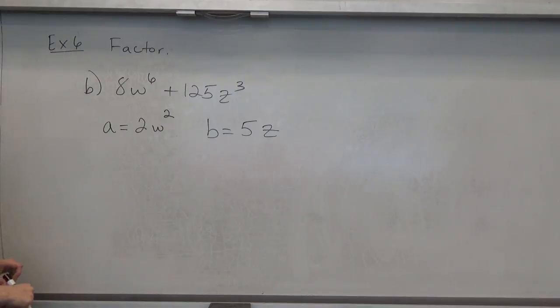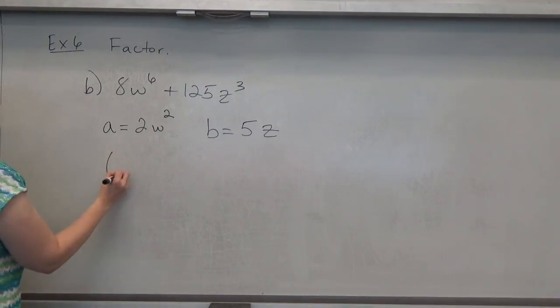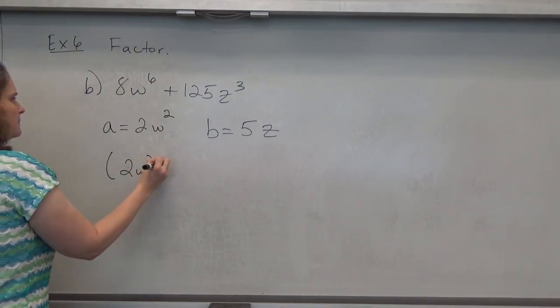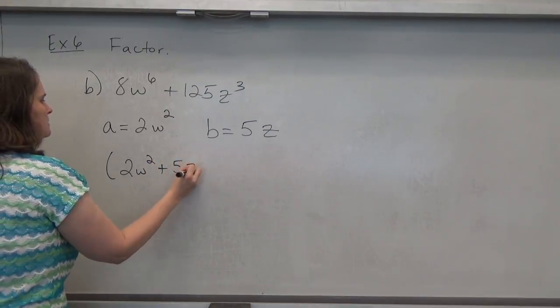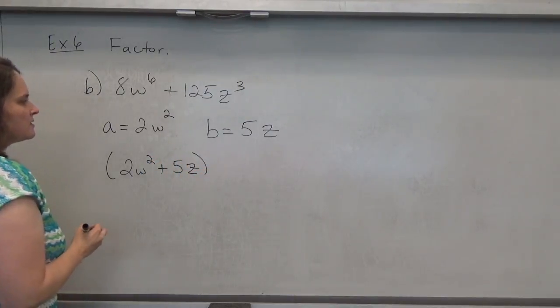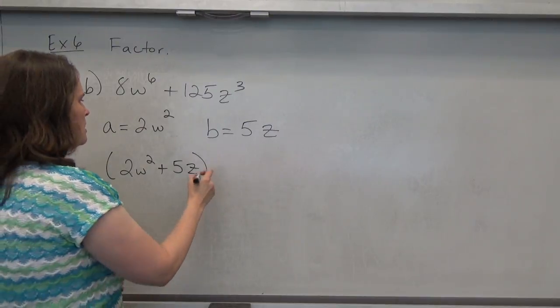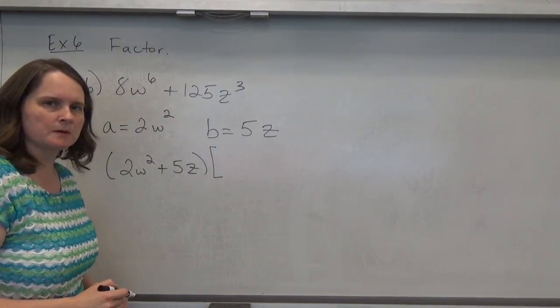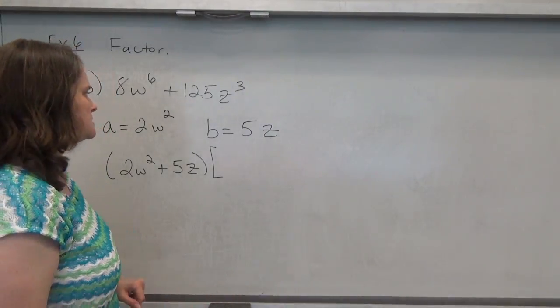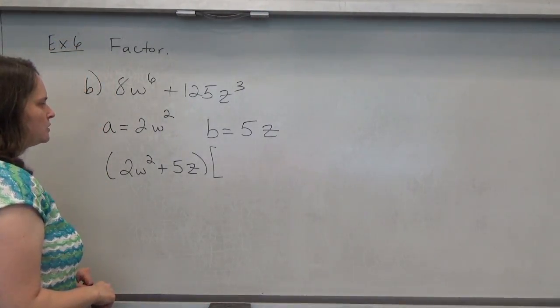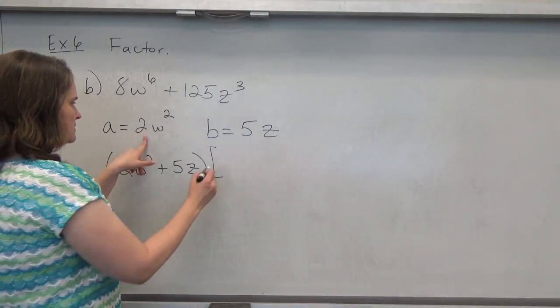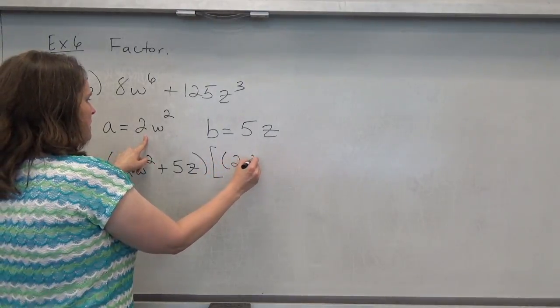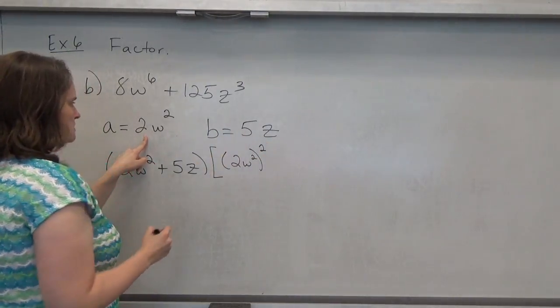So if I do a plus b, that's 2w squared plus 5z. Okay, and then I've got the trinomial. When I do this, I'm going to use some square brackets because I'll have parentheses inside parentheses. So I'm going to do a squared, so that's going to be 2w squared, and then I have to square that.